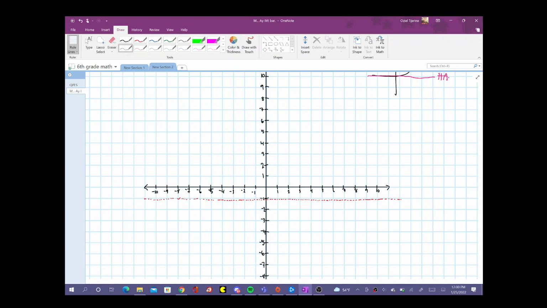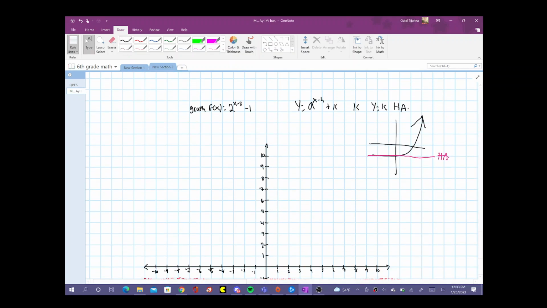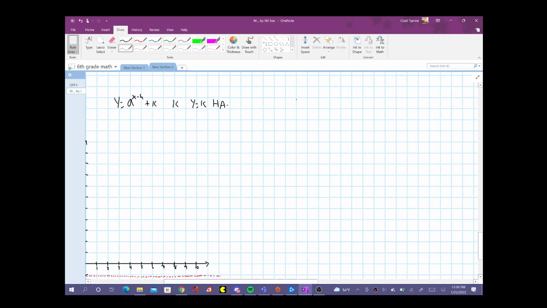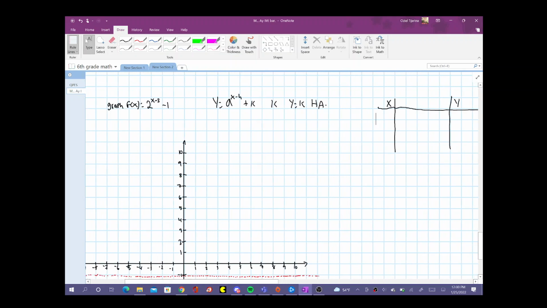And then what I'm going to do is make a table of values. We can say this is x, and right here will be y, and in between is where I'm going to make the calculation. So let's say x equals 3.